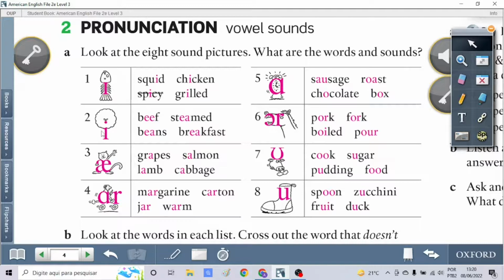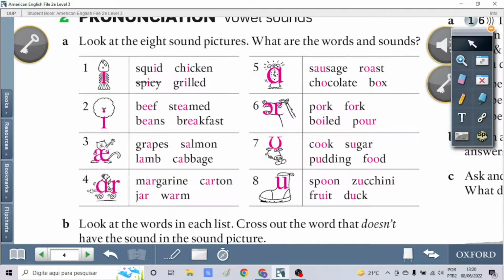In number 2, we have the long E sound, as in tree. In number 3, we have the sound of the A, as in cat.